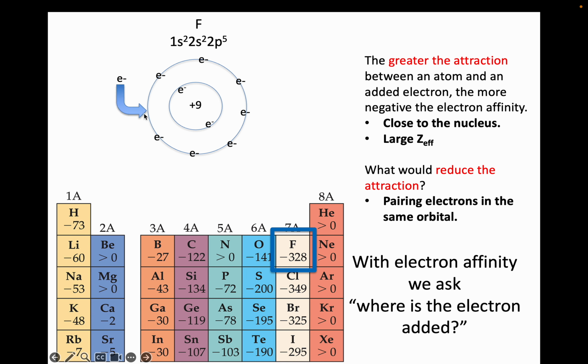We can add another electron to the same shell, and that one that we add would also experience a high effective nuclear charge. That's great. That would be very energetically favorable to add an electron here to fluorine or for any of the halogens. Those are the most negative, the most favorable additions.